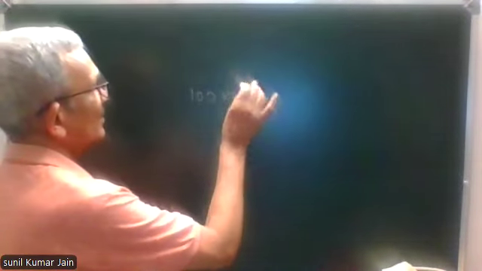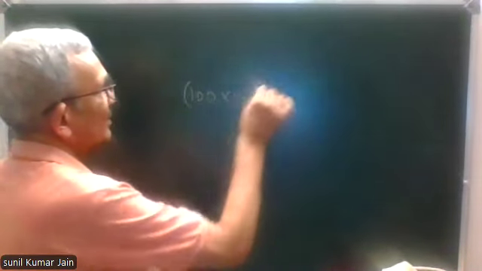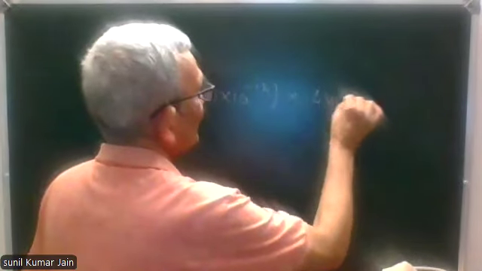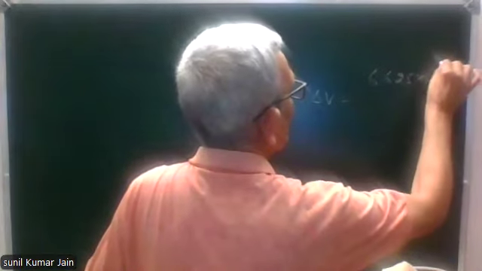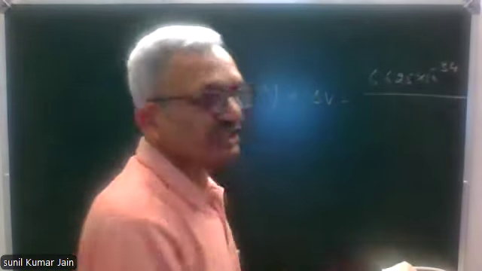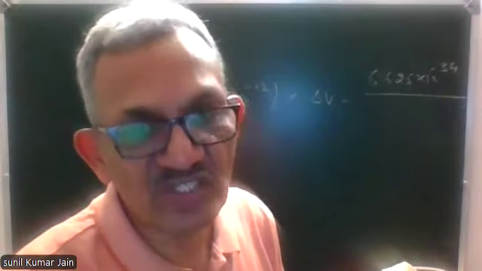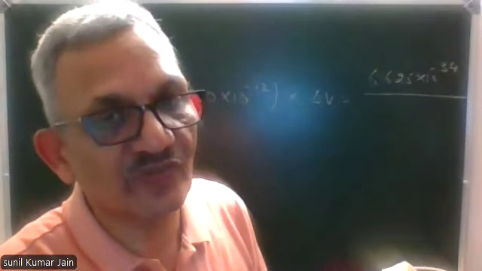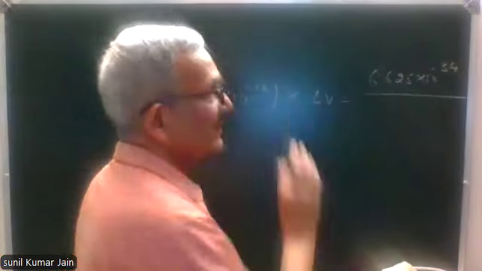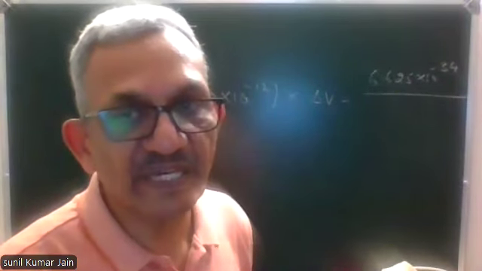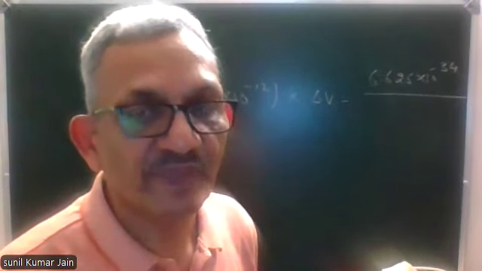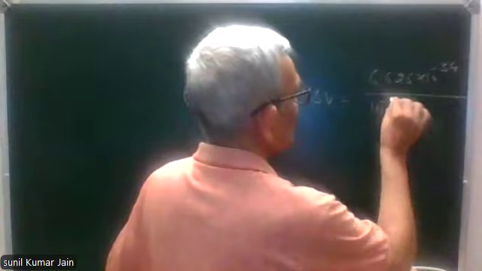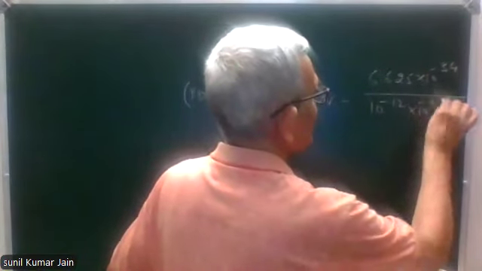So this is delta X into delta V is equal to h by 4 pi m. H, you can take 6.6 or you can take exact value 6.625 × 10⁻³⁴, divided by m. Mass of the particle is given 10⁻¹² milligram, but we have to convert into kilograms. So 10⁻¹² into 10⁻⁶.